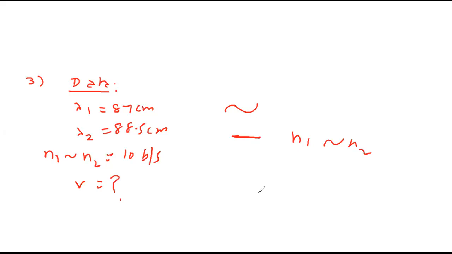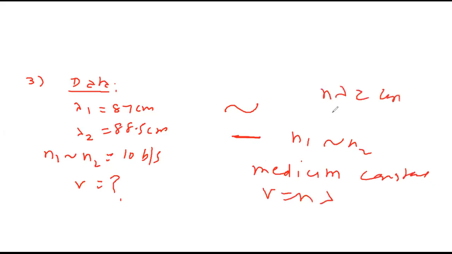Is the velocity of sound in the same medium constant or variable? Same. The velocity in the same medium is always constant. So V is n lambda, that means n lambda will be constant, so n is inversely proportional to wavelength. That means if I know the lambda value, I can check whether n1 is greater or smaller.